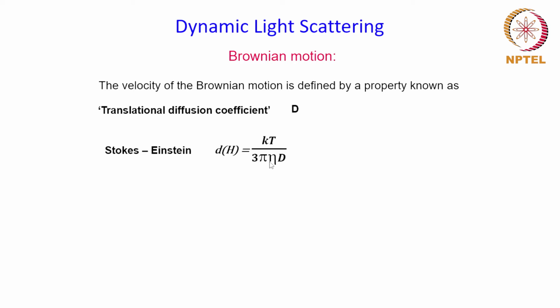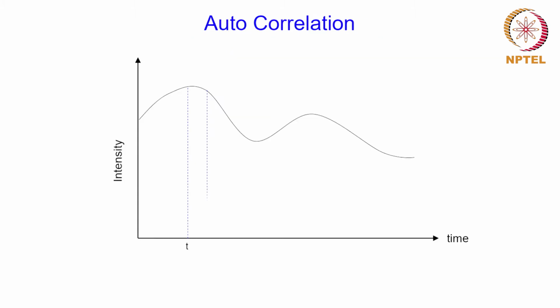But in order to do that, the data has to be analyzed, and for that we have seen there is a method called autocorrelation, which is used to derive this diffusional coefficient from the intensity fluctuation data. Okay.